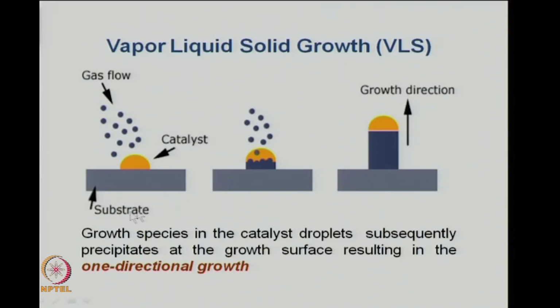Here you take the substrate to be the material whose nanostructure you want to make, and you have a catalyst which is an impurity or some other material other than the substrate material.